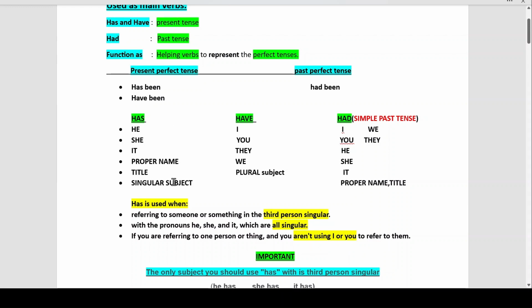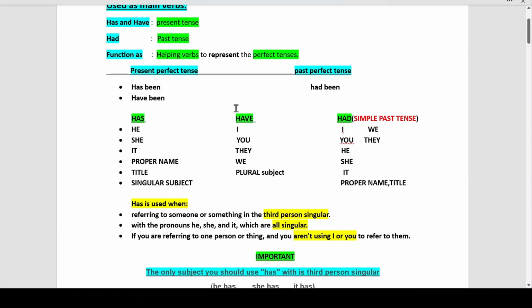So, has is used in these cases when they are all singular. The main thing where we use has is in singular subjects and in third person: he, she, it, any proper name, any title, or any singular subject. The only subject you should use has with is third person singular. Everything else will use have, in the present tense.